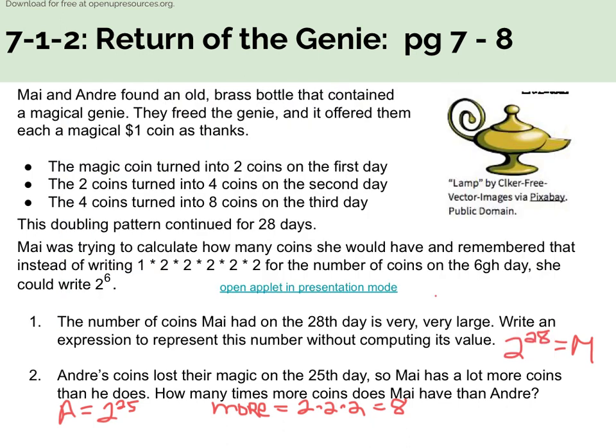So that was showing, again, what we just experienced: with exponents, it just gets bigger and bigger and bigger over time.